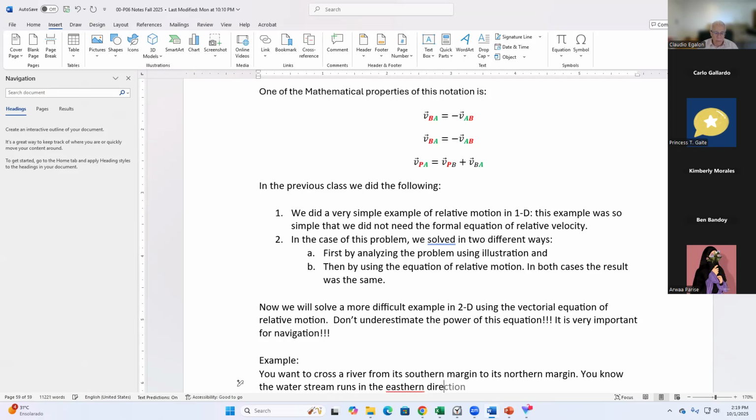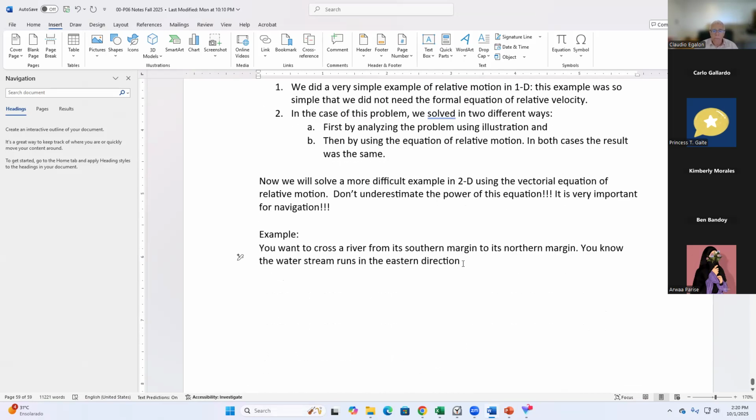That's going to be the velocity given by the velocity vector VBA.